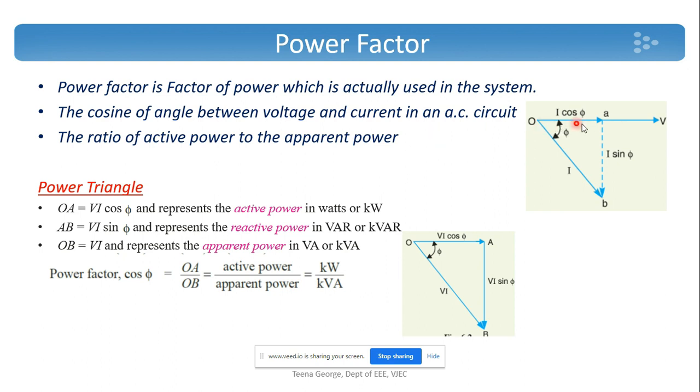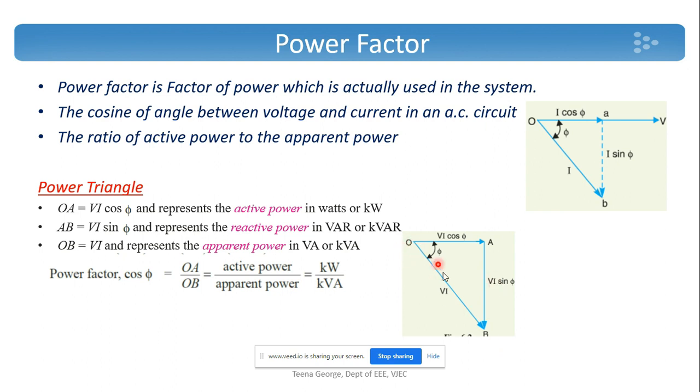So here we can see the vector diagram. Current is lagging behind voltage by some angle phi. This current can be resolved into two parts, I cos phi and I sin phi. If we draw the power diagram, the power triangle, we can multiply voltage on both components, VI cos phi and VI sin phi.